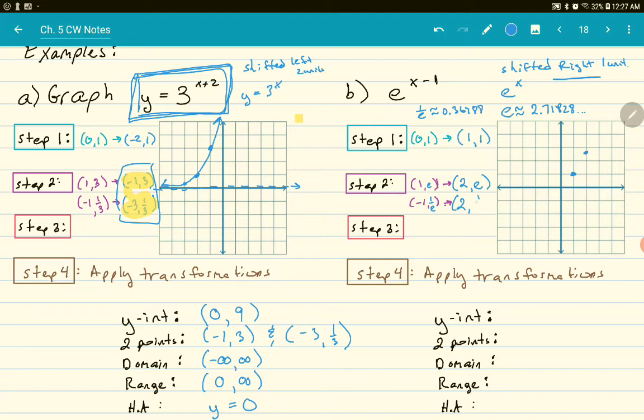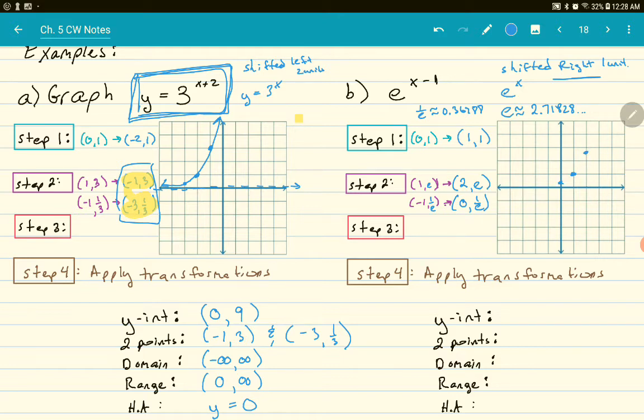Oh, I'm sorry, that shouldn't be 2 anymore. So shifting right 1 unit from -1 brings me to 0. And 1 over e is about 0.36788. So I'm going to 0, and that's right about there. And then my smooth curve going through those looks something like that.